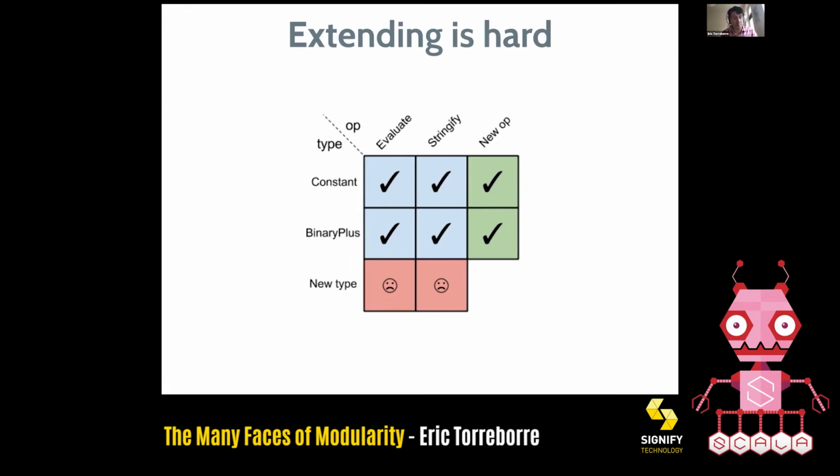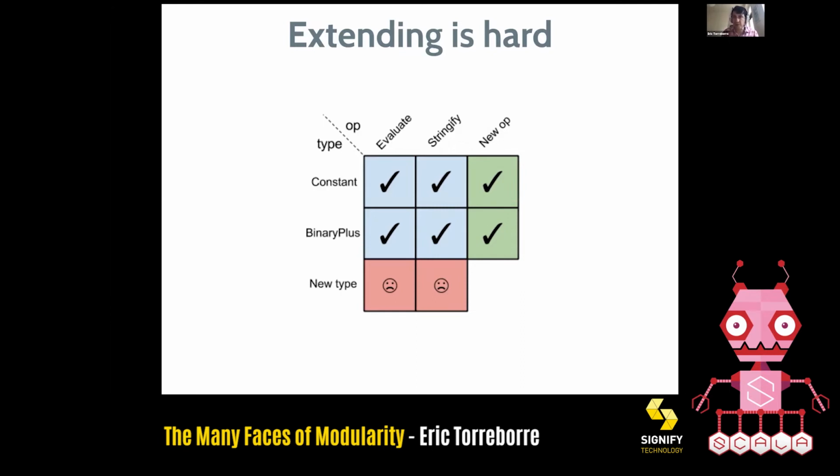And many times when you see talks presenting this expression problem, you have small examples, like using, for example, a small lambda calculus or some arithmetic operations that you want to execute or print out to the console, things like this. But unfortunately, there are real examples of this at large, like in big companies.